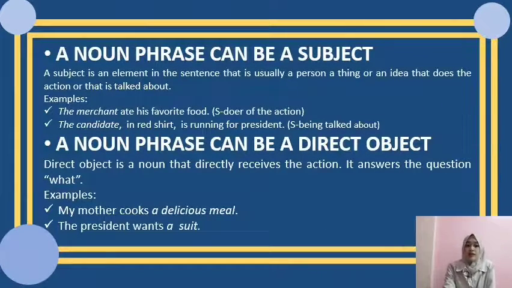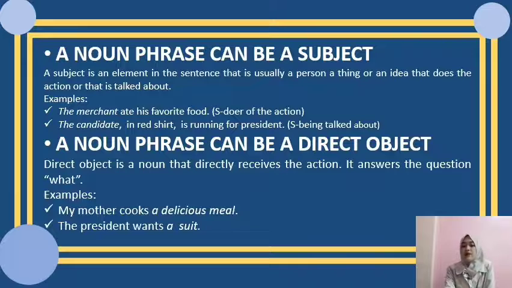As I said earlier, a noun phrase can be a subject. A subject is an element in the sentence that is usually a person, a thing, or an idea that does the action or that is talked about. Here are examples. The first one is: the merchant ate his favorite food.